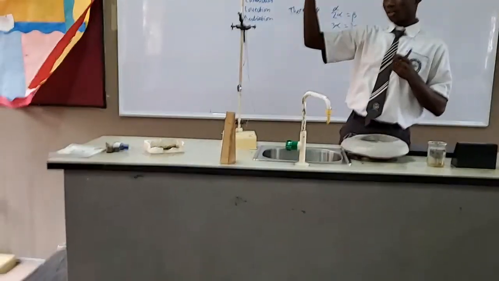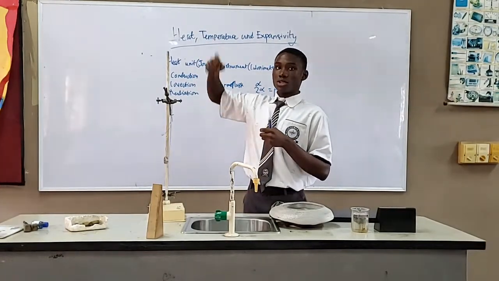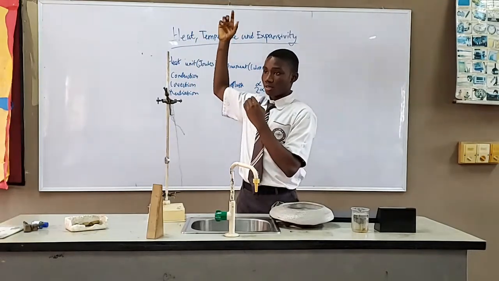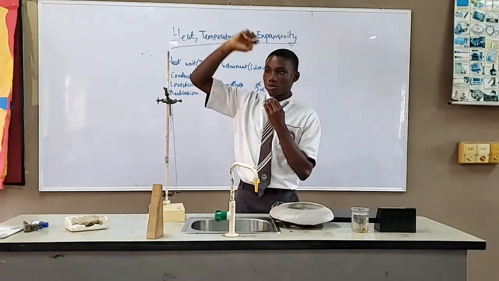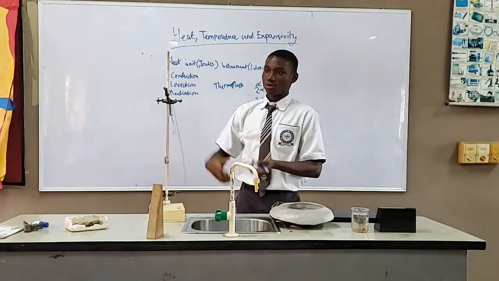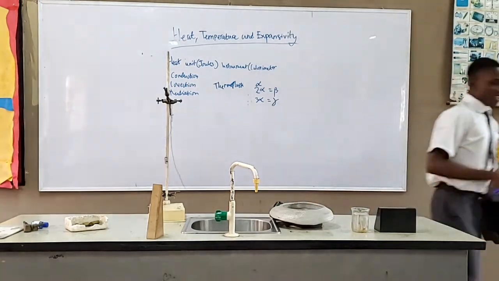You open your door and air comes into the room where you burnt it, and that will be convection. The warm air, which is smoke, goes up and starts to move out. Then the cold air from outside will come in and fill the room, and all the smoke will have left. Okay. Very good.